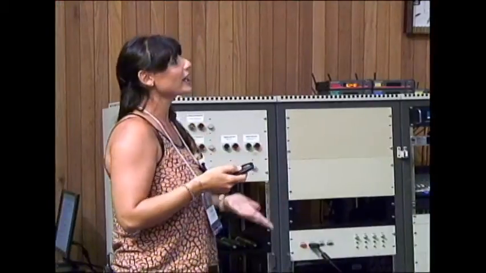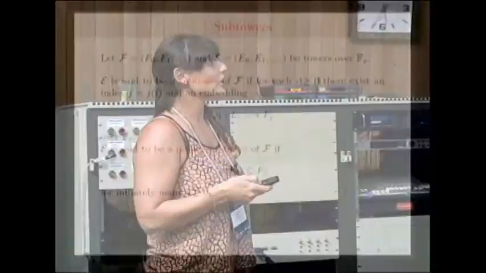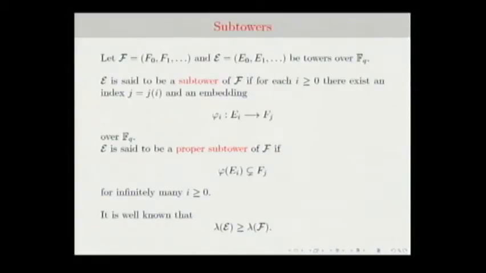And why do we care about subtowers? Well, because it is well known that the limit of the subtower is bigger than or equal to the limit of the tower. So if the original tower is asymptotically good, this is bigger than 0, and then the limit of the subtower is also good.